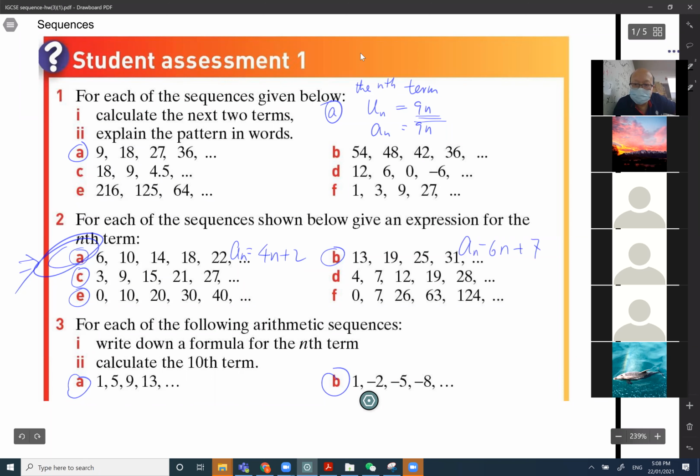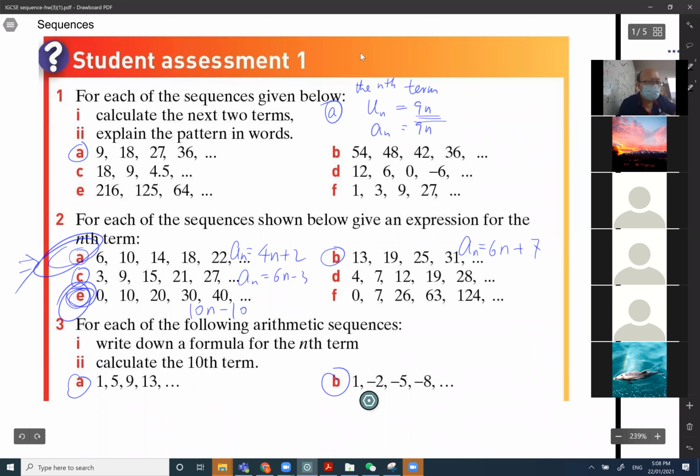That's the linear one. Selena, C. 6n minus 3. Excellent. Ethan, E. 10n minus 10.